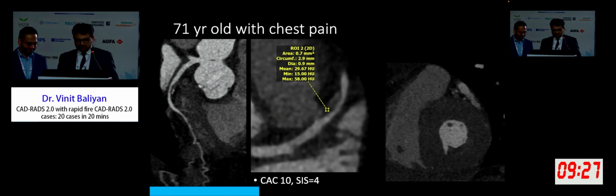Two features in a single plaque: HRP. And because segment involvement here we only see 1 vessel, but it was 4, and with a calcium score of 10, segment involvement of 4 will supersede it, so it will be a P2. So it's a CAD-RADS 3 P2 HRP.